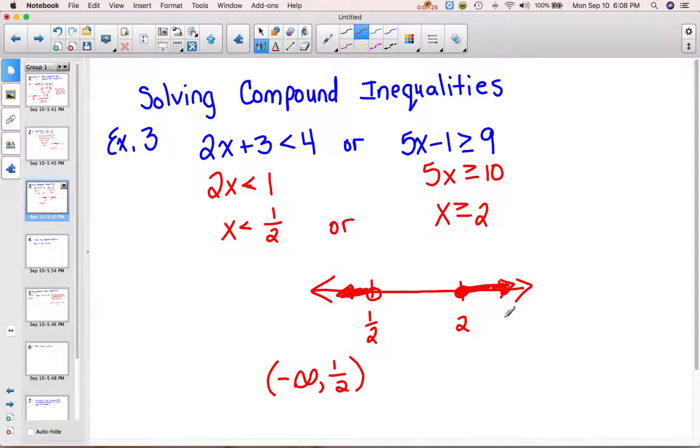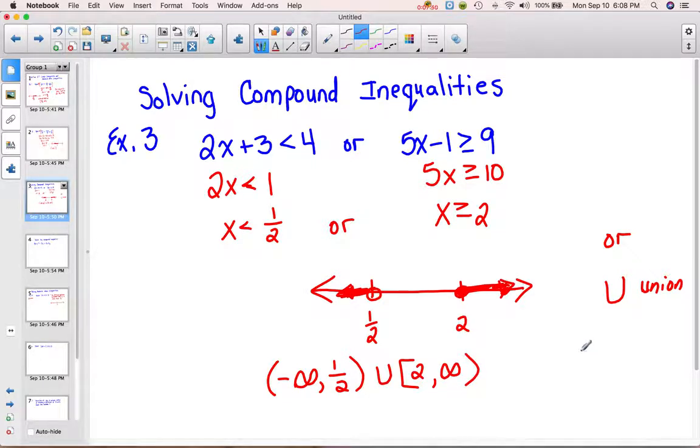And then instead of the word or, I'm going to use this symbol right here, which means union. And actually, it's the same as or. So we're going to use this union symbol. And on this right part, we're bound by a 2, including the 2. It gets a bracket, and it continues to get larger. So we put the positive infinity on the right.